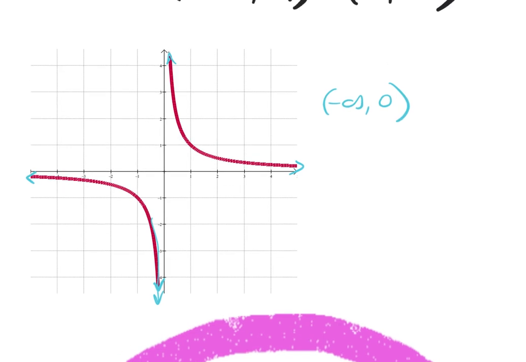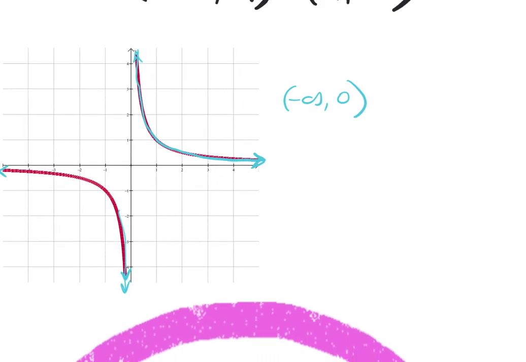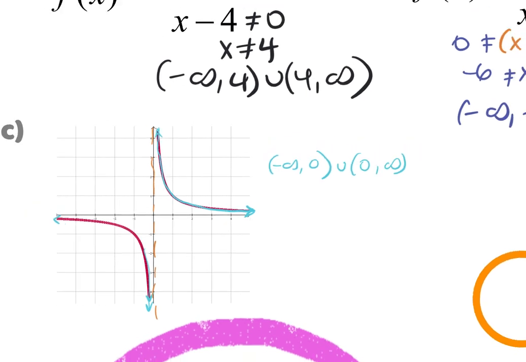And then it starts again on this side of my 0, and it goes to positive infinity, which means this is union 0 to positive infinity. We're going to talk more about this tomorrow, but there is a vertical asymptote there, right? That's where it would be undefined, and that's where the break in your domain happens. Questions so far? We remember this, yes? Okay, good.